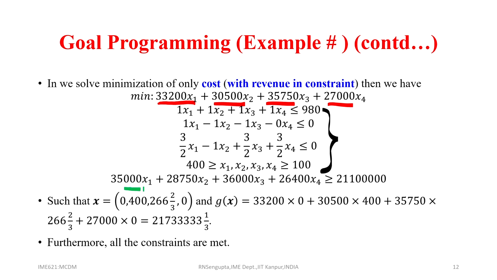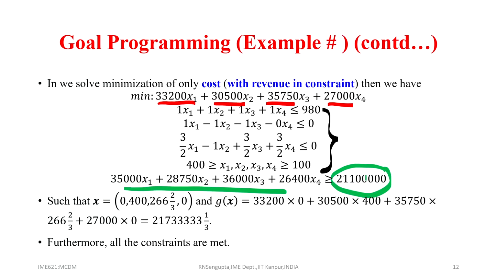The only thing is this value, which is 211 lakhs, can be changed or perturbed, and based on that I can find out the minimization of the cost which can be obtained. So rather than having 211 lakhs, it could have been 211 lakhs minus a delta value.